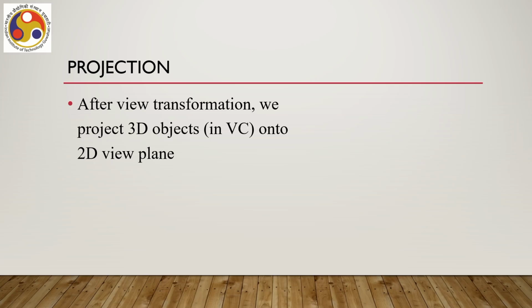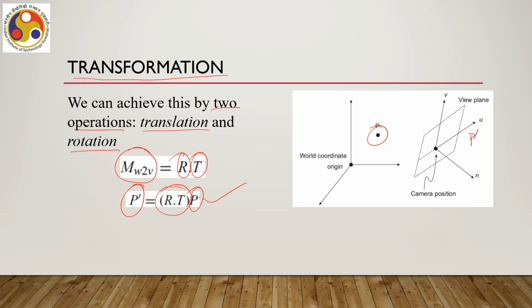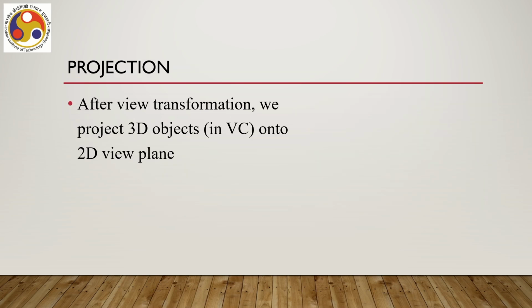Again, what is the matrix for M, that is the composite matrix, or rather what are the individual matrices for R and T? These details we are skipping. You can refer to the material cited at the end for those details. So, that is about view transformation.